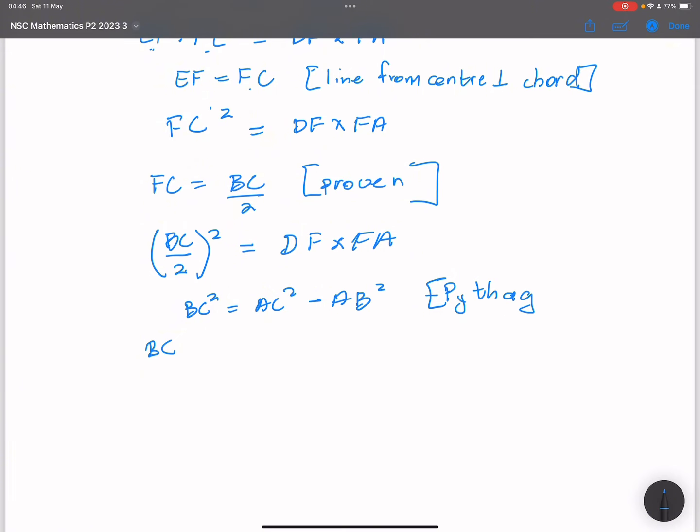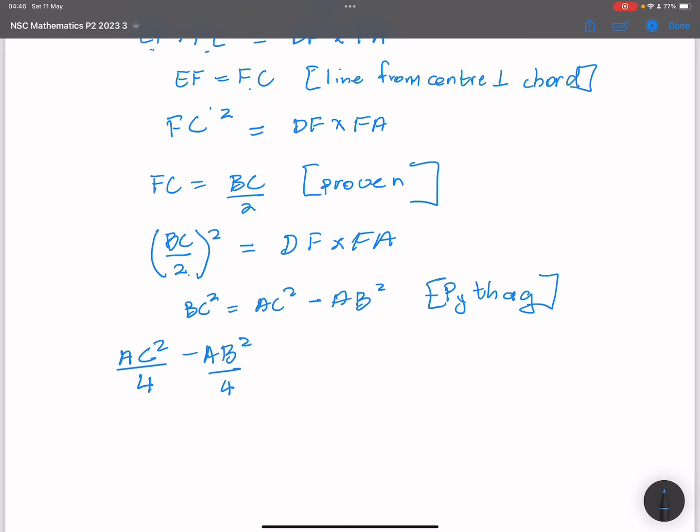I think we've already proven it, ladies and gents. We've really come to the end of this. So this is going to be equal to AC squared minus AB squared, and in this case we square the 2 at the bottom, so that's over 4.